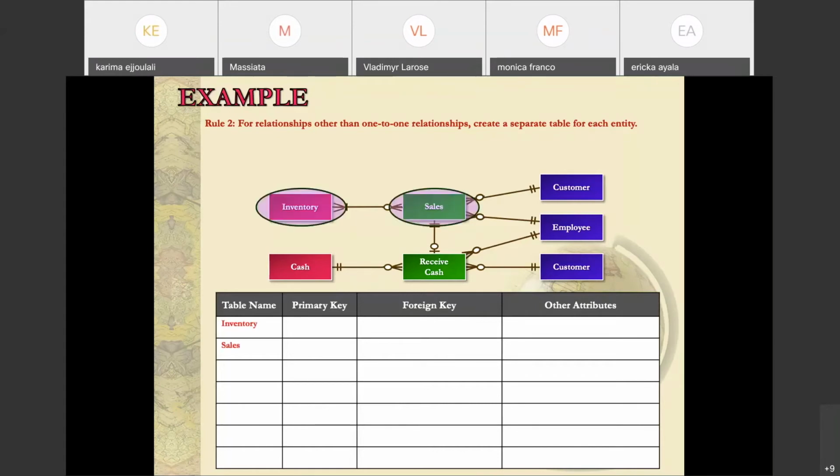Okay. So first we identify the tables one by one.